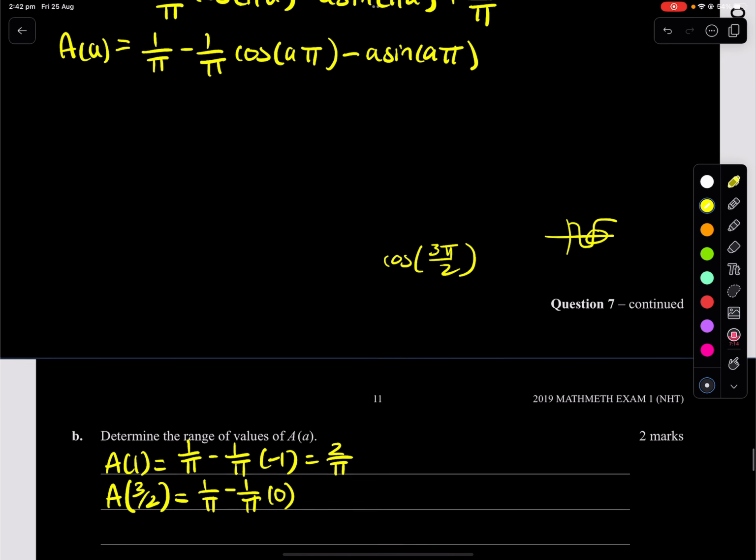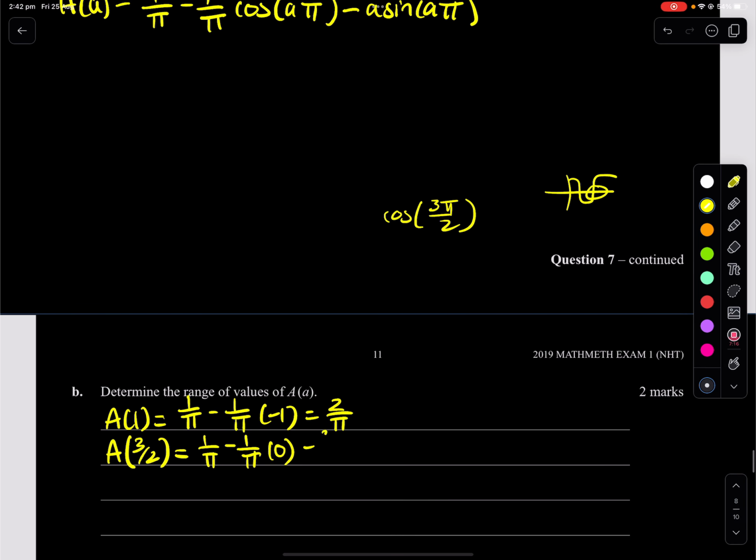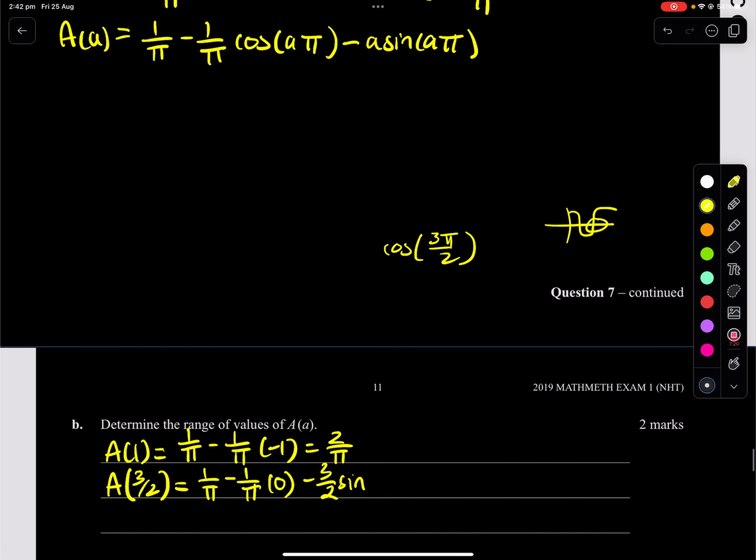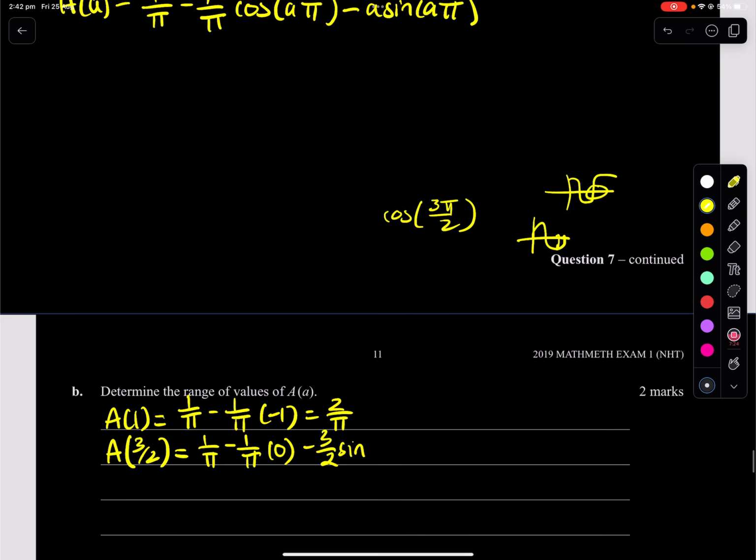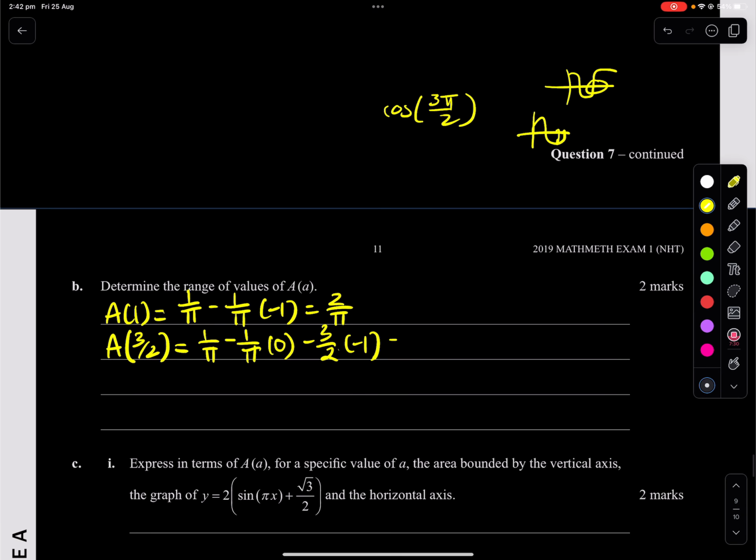So put a 0 over here. Minus 3/2 sine 3 pi on 2. What's sine 3 pi on 2? So if I draw a sine graph, 3 pi on 2 is here, which is negative 1. So this over here will be just negative 1, which is 1 over pi plus 3/2.